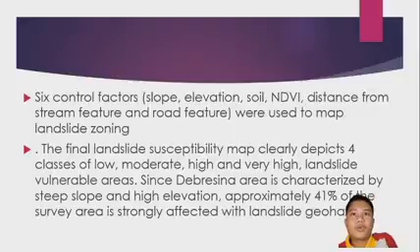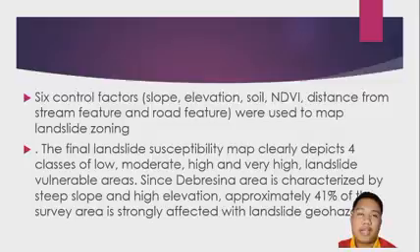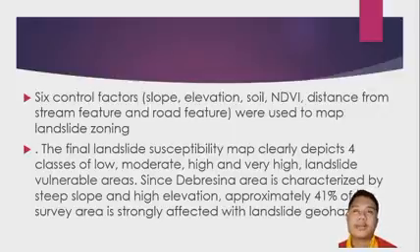Ibig sabihin, 41% daw ng area na yon ay masyadong affected ng landslide. Masyadong delikado yung lugar, kaya need ng tool na mas madali at mas mabilis ang pag-map ng landslide.